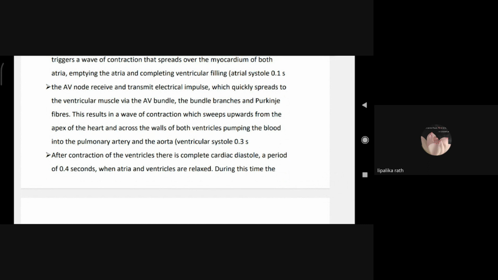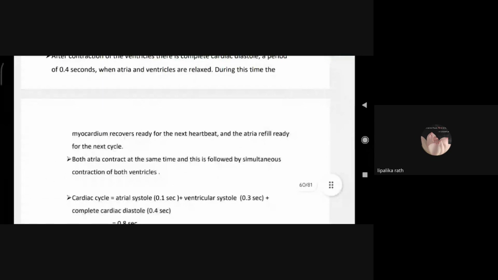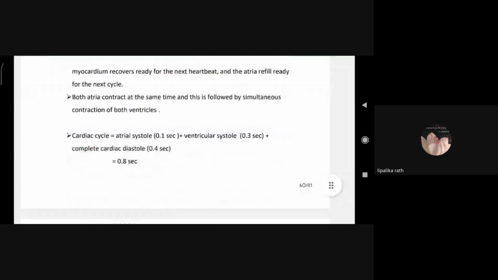That is complete cardiac diastole, when atria and ventricles are relaxed. During this time, the myocardium recovers, ready for the next heartbeat, and the atria refill, ready for the next cycle.